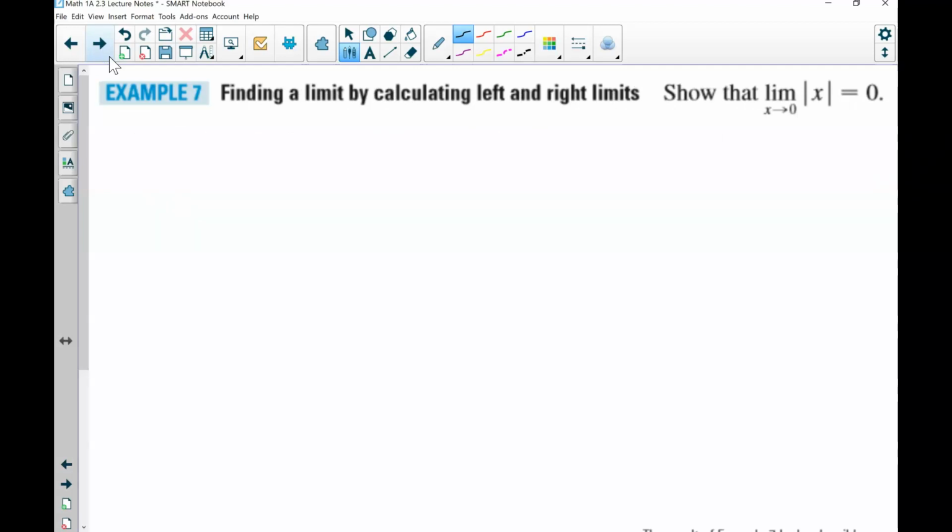We want to find a limit by calculating left and right limits, and we want to show that the limit as x approaches 0 of the absolute value of x is equal to 0. So we need to recall certain definitions that we've seen earlier. The absolute value of x is a piecewise function.